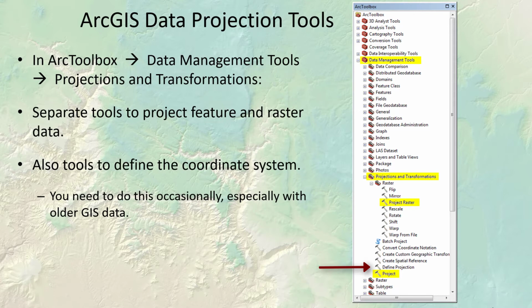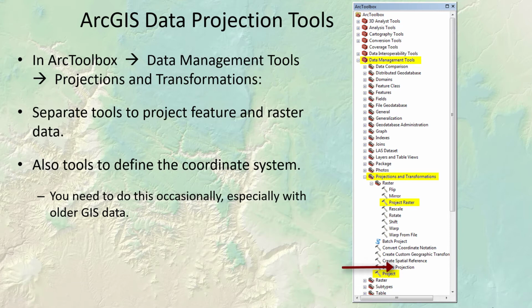Since the software wouldn't handle it, they didn't even write the coordinate system into the data set itself. It was just kind of up to you to know that all the data were in the correct coordinate system. Well, if you do a project and you wind up with data from those old days, you're going to have to tell ArcMap what coordinate system it is. And so here's a tool where you actually write the coordinate system information into the data itself.